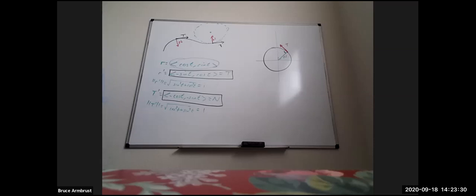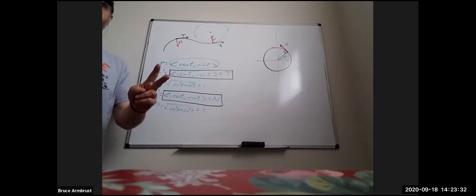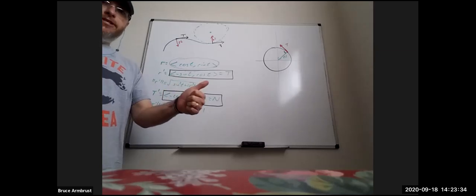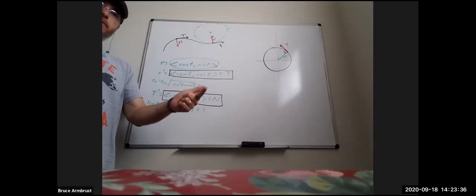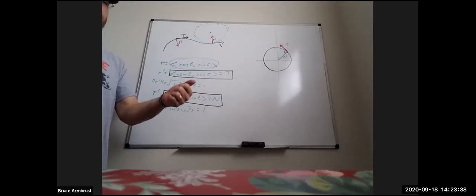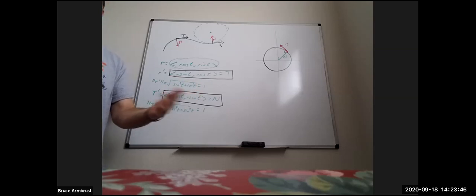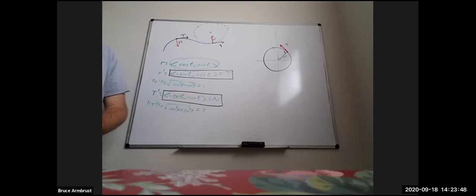Remember your accelerations? We always broke acceleration into 2 pieces. There was tangential acceleration and there was centripetal acceleration. Tangential acceleration is what changed your speed. Centripetal acceleration changed the direction of your velocity.